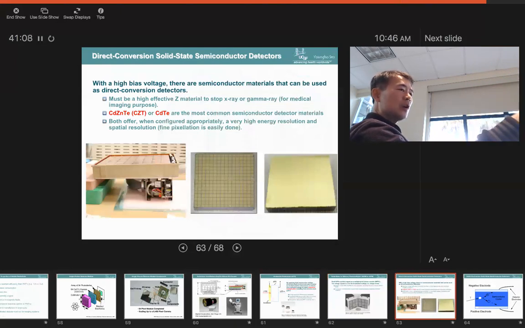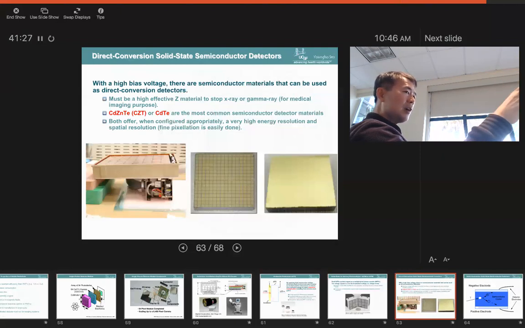You just have one detector material, and then you can read out the charges collected in this material directly to the readout electronics. This is the simplest way of making a radiation detector. Do you see the connection here?